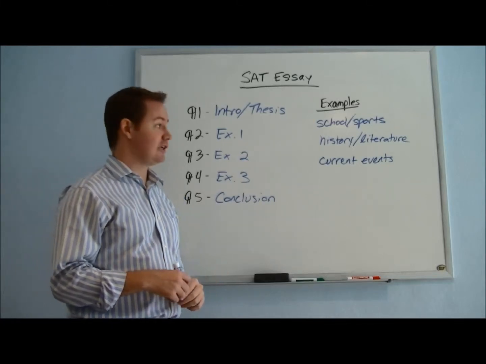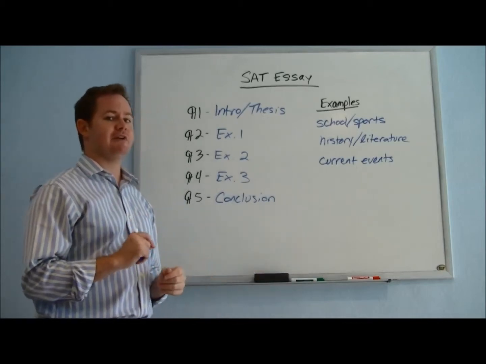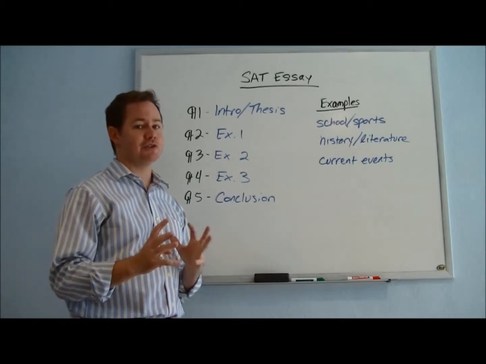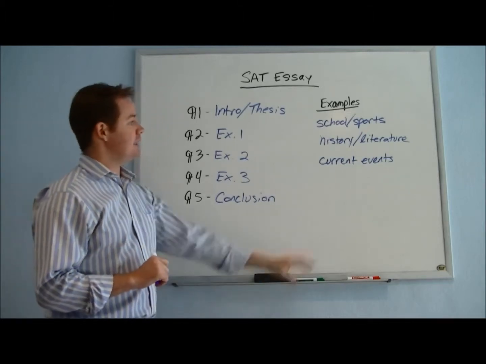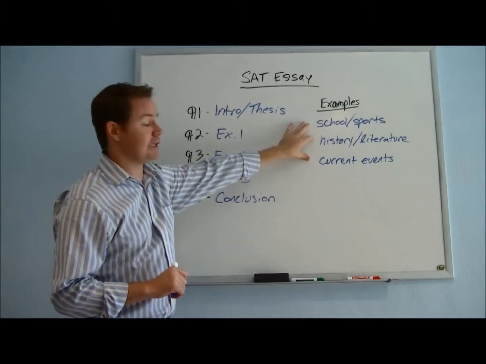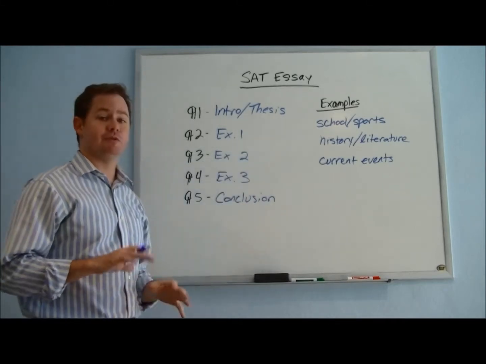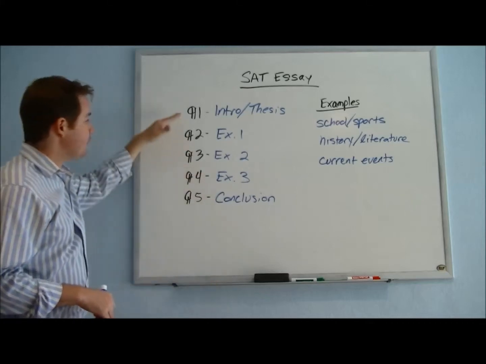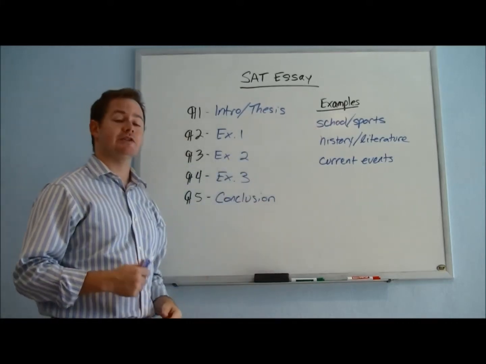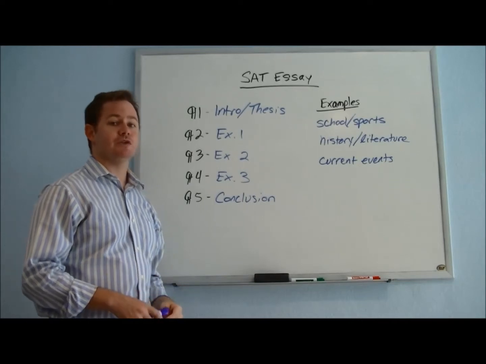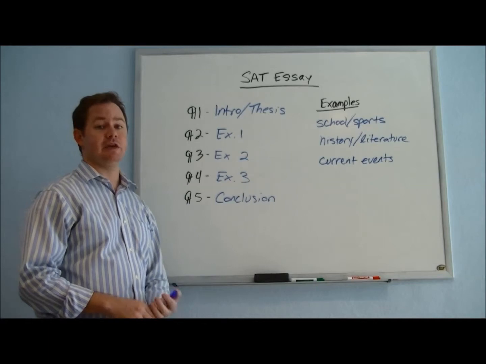If you're looking for an essay that gets scored from 0 to 6, if you're looking to have an essay that gets scored somewhere in that 5 or 6 range, those higher scores really focus on depth, and it's very important to make sure that we're able to illustrate a depth of understanding of the prompt by using examples from different areas. So if we follow this structure, and we follow these guidelines for where to select examples from, then we should be in good shape on test day when we sit down and go to write our SAT essays.